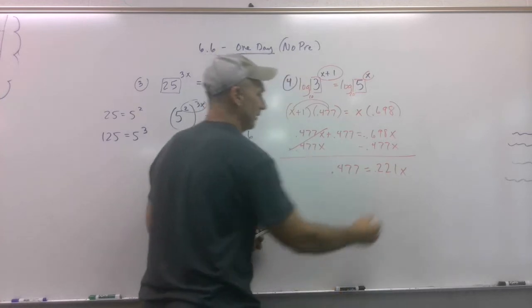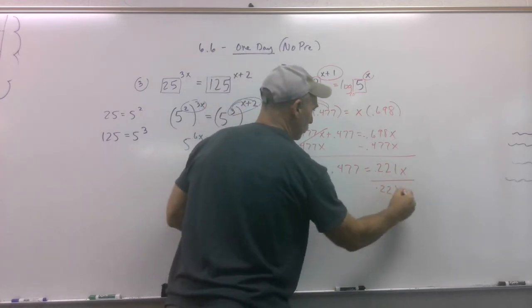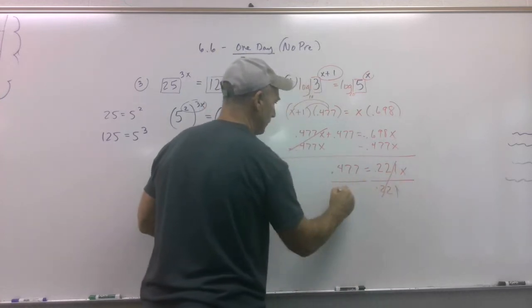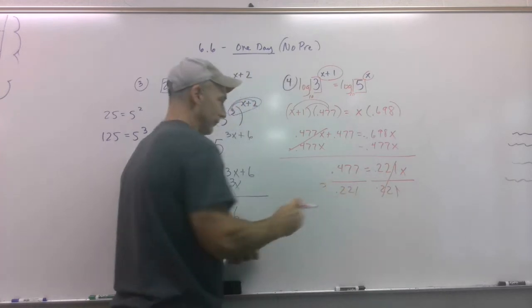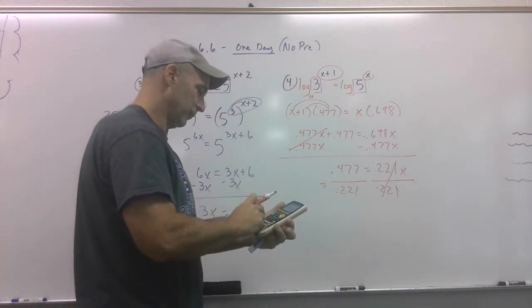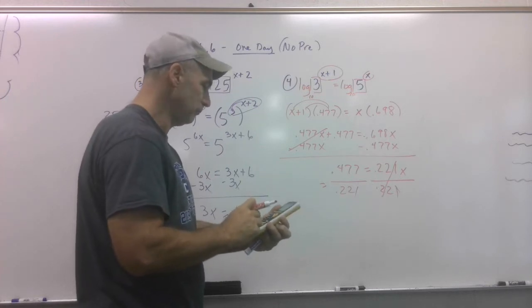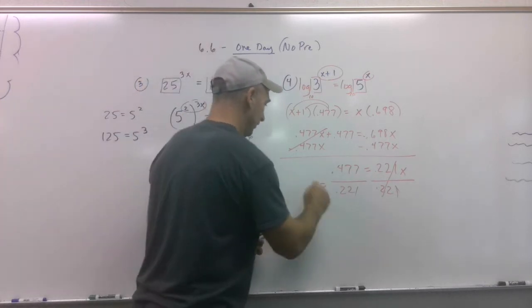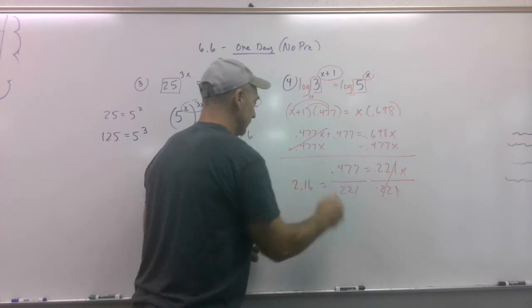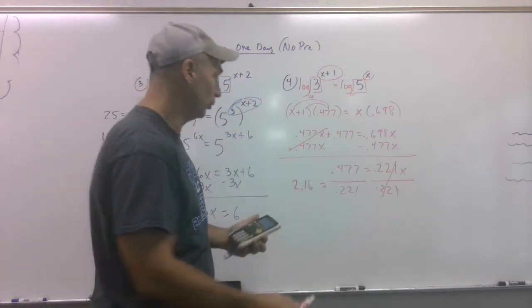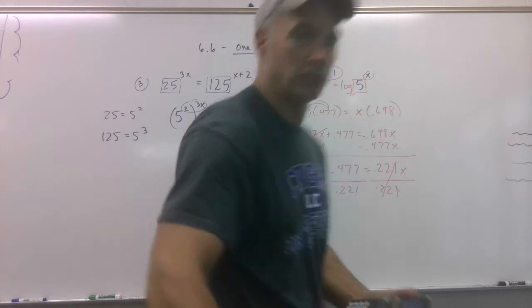So that worked out nice. Now I divide by 0.221, divide by 0.221, whatever I get is my answer, 0.477 divided by 0.221. 2.16 approximately. Okay, who knew? All right, let's get after some more examples.